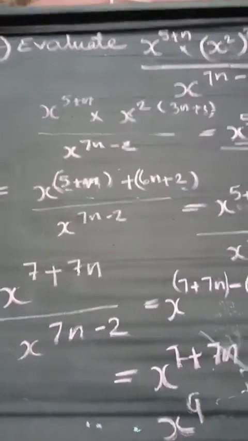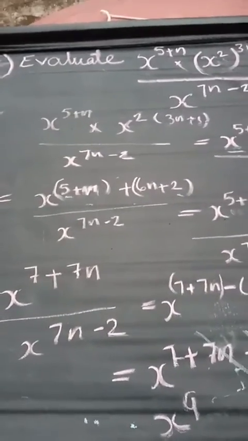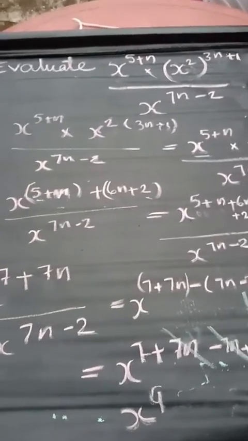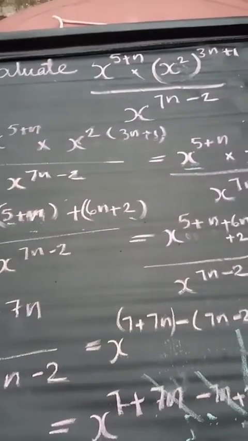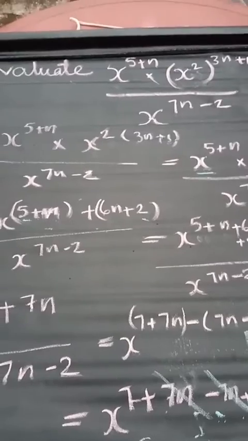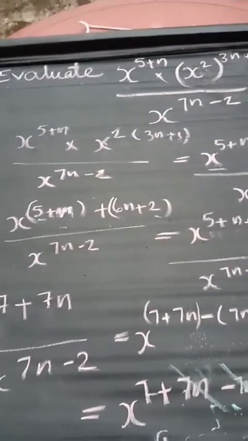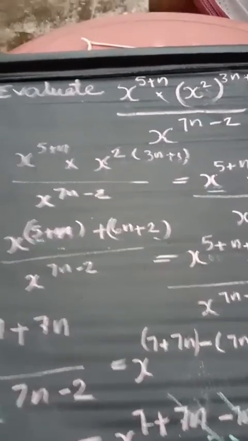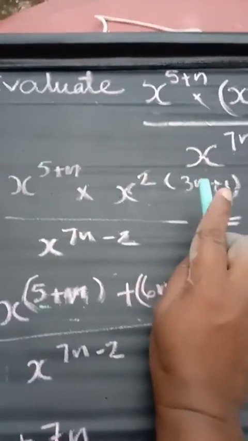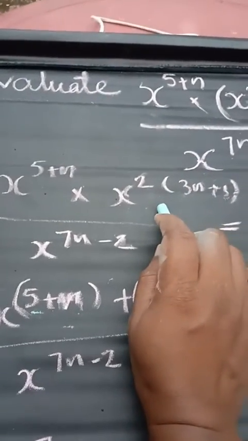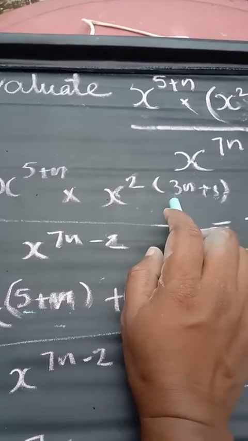See once again, our question is evaluate x raised to 5 plus n into x square the whole raised to 3n plus 1 divided by x raised to 7n minus 2. First we know the power of a power form: x raised to 2 whole raised to 3n plus 1, that is a raised to m whole raised to n is a raised to m into n.